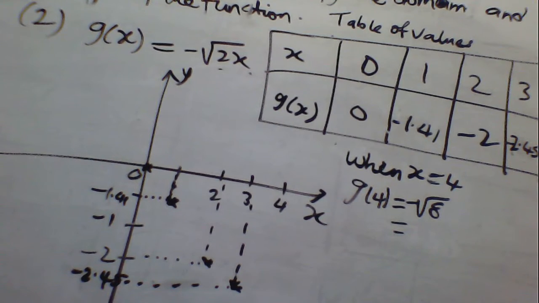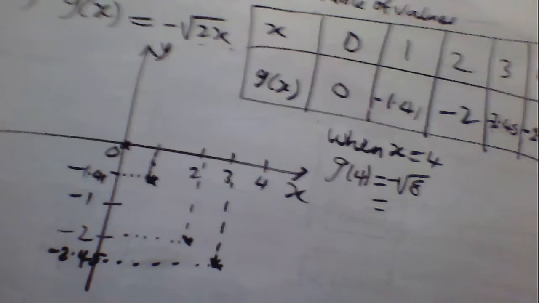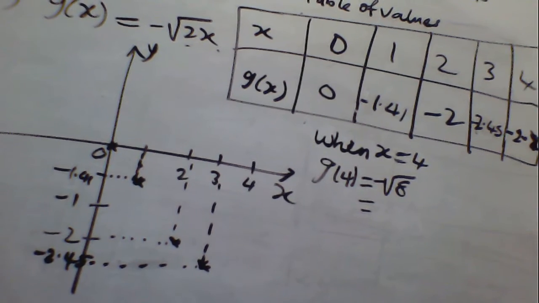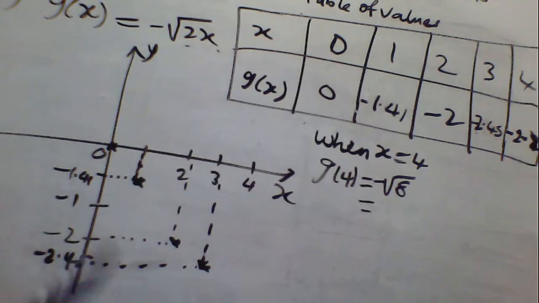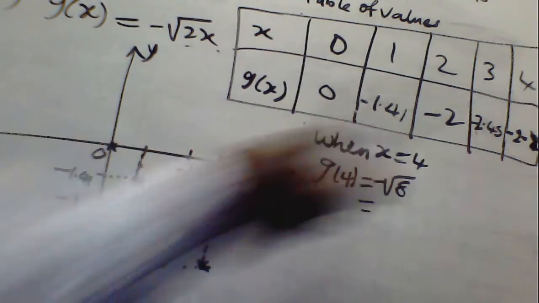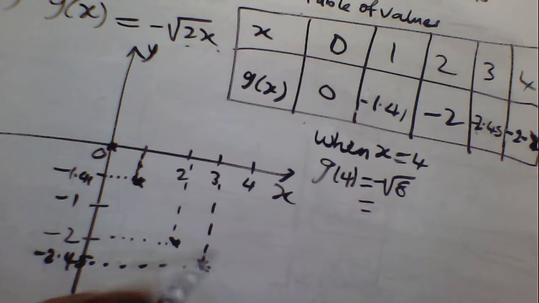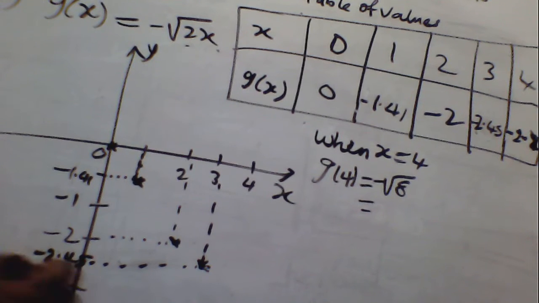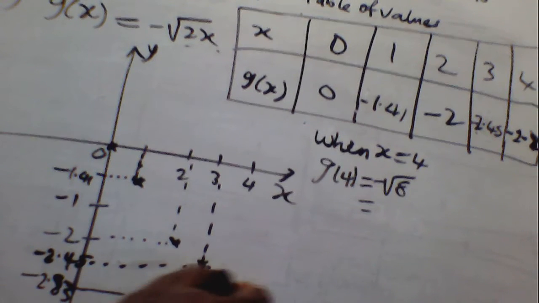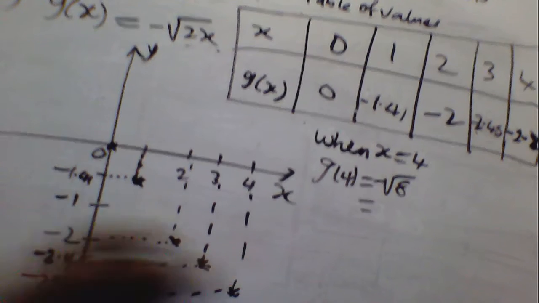I hope you are seeing the table of values where I'm getting these points. When x is 2, this is minus 2. Look at the table of values. When x is 3, this is negative 2.45. They will meet here. When it is negative 2.83, you draw it. They will meet here.